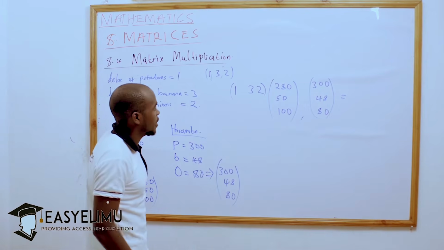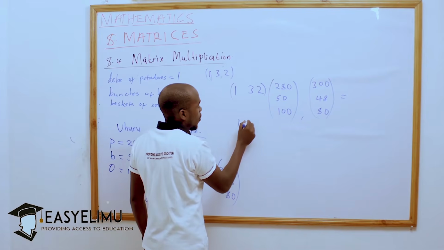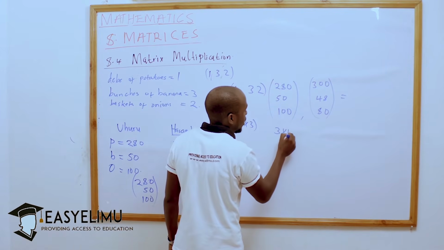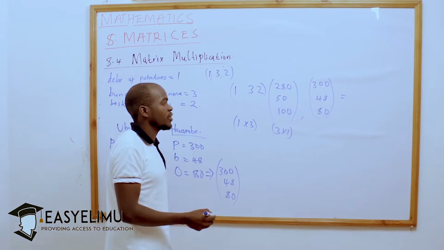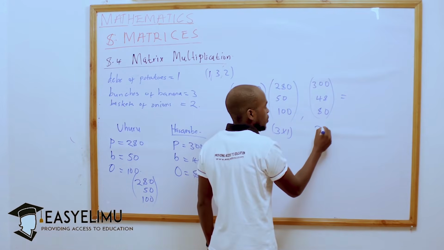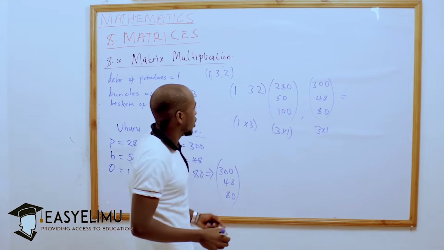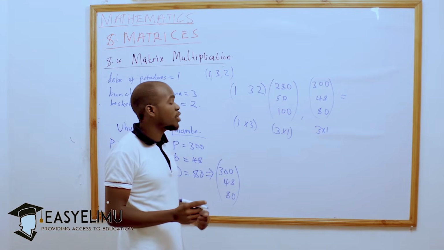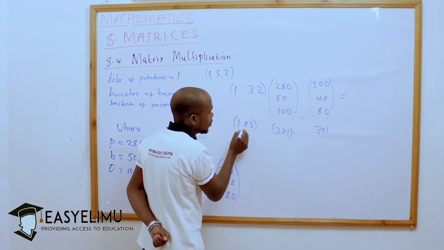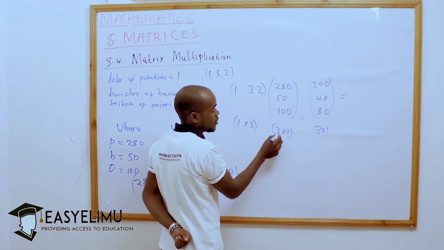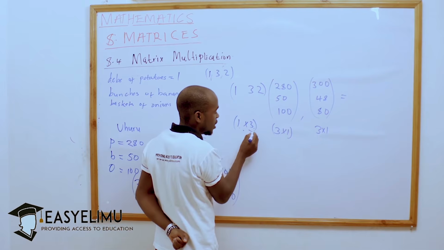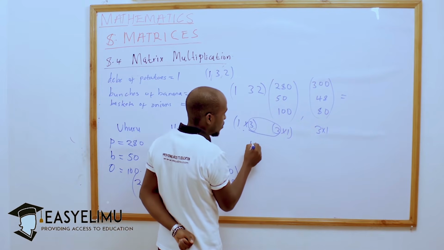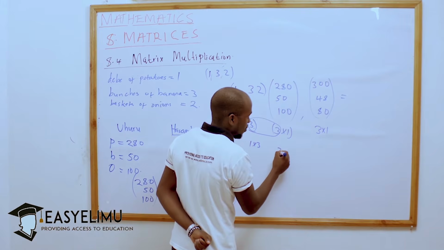As we can see, this one is a 1 by 3 matrix, and this one is a 3 by 1 matrix. The same here, a 1 by 3 and a 3 by 1.